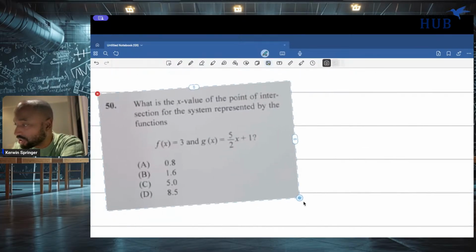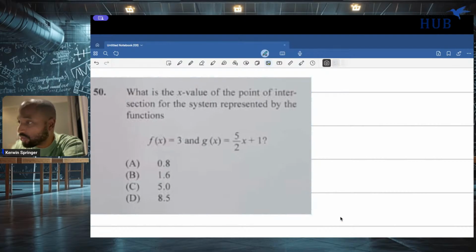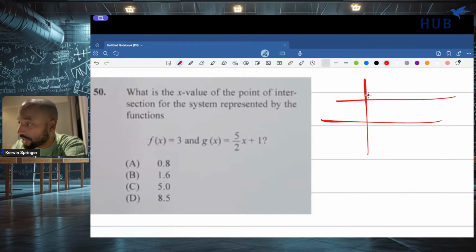Okay, so a functions question. What is the value of the intersection for the system represented by the function f of x is 3? So f of x is 3 is like the line y is equal to 3. That's this line. And then g of x is 5 over 2 x plus 1, so somewhere here it intersects. We just want to equate the two to each other and find the x value.